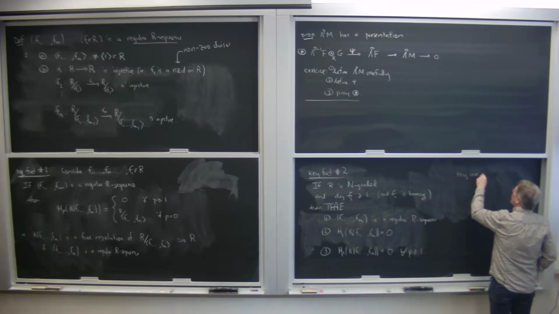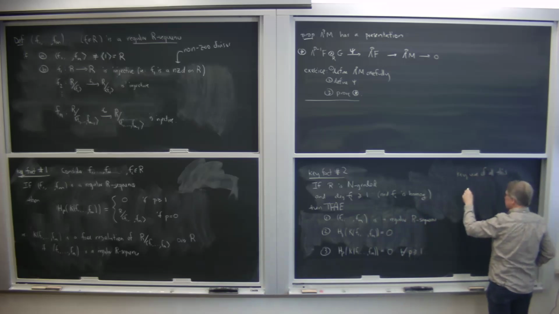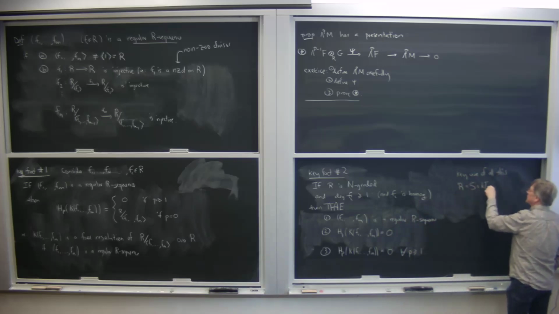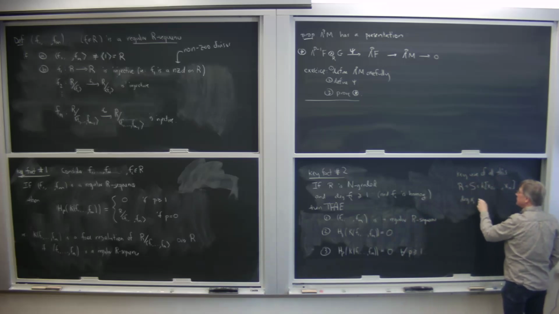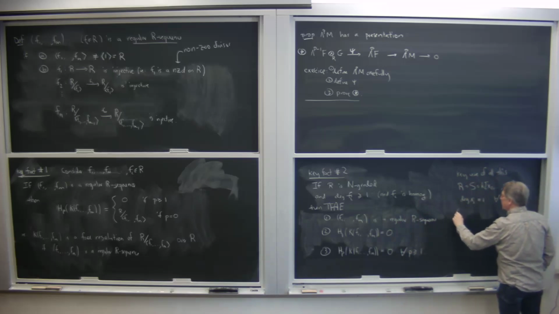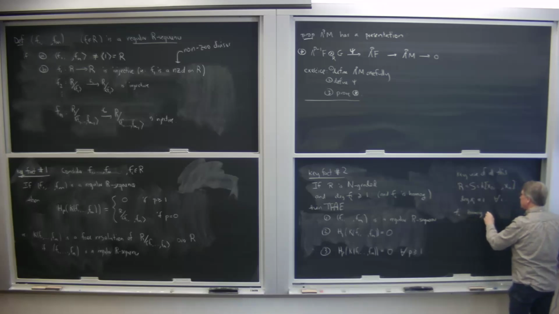So the key situation, I should say: R is equal to S, which is k[x_0, ..., x_n]. The degree of each x_i is 1 for all i, and f_i is homogeneous of degree d_i, which is greater than or equal to 1.